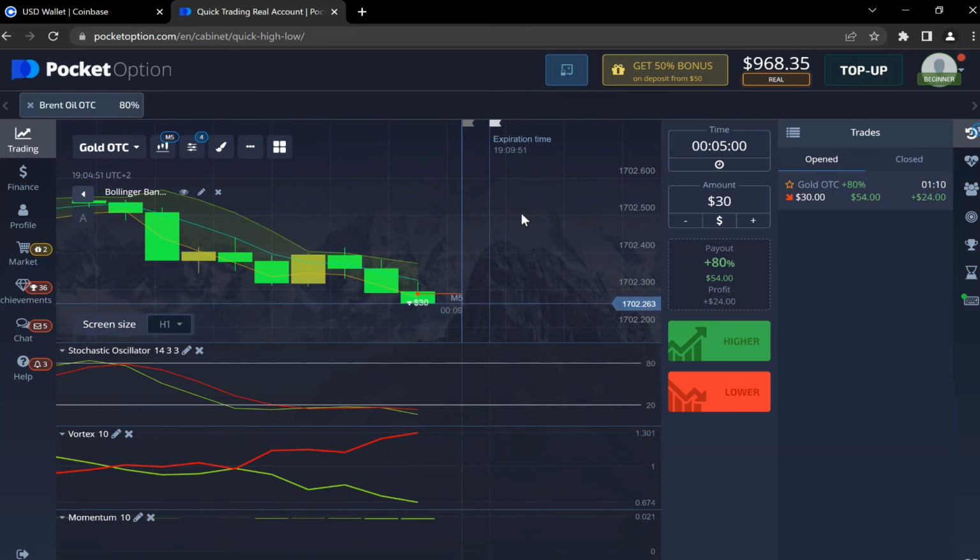This is probably the only trade I'm gonna take today because literally the market is just so slow right now.